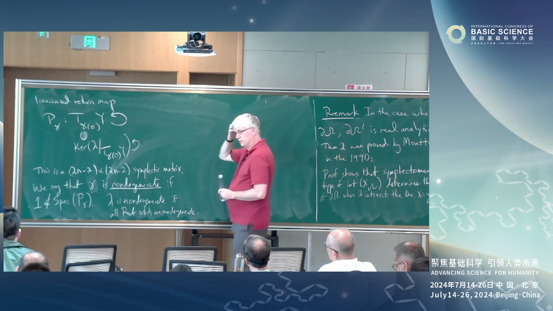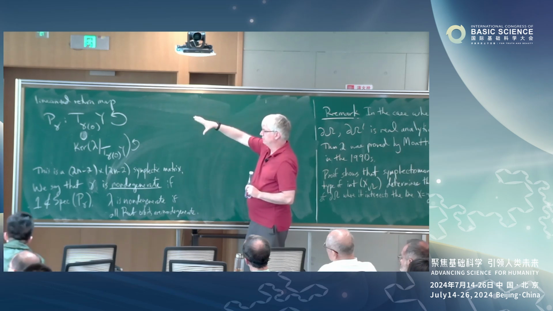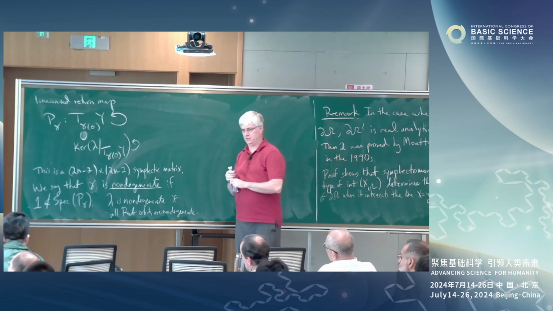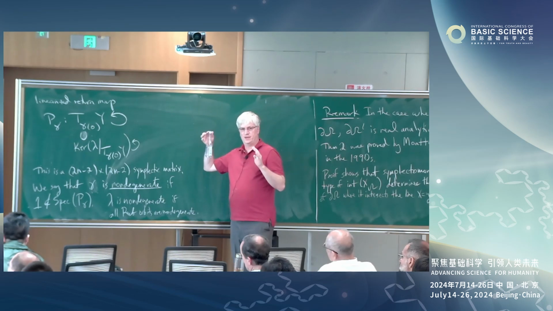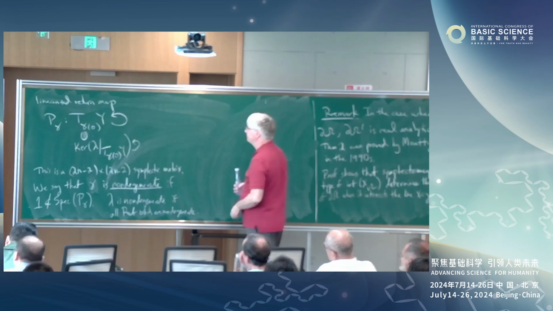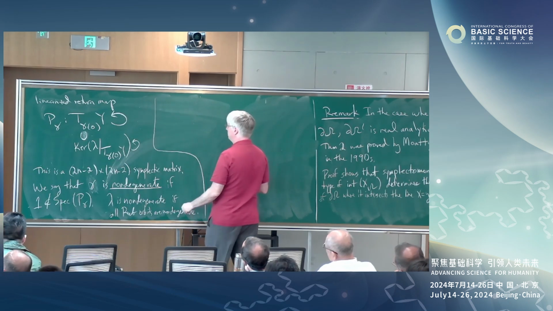And that holds for generic contact forms, or in the case where the contact form is the induced form on the boundary of a star-shaped domain, it holds for generic star-shaped domains. So if I have any star-shaped domain, I can perturb it a little bit until all the Reeb orbits are non-degenerate.